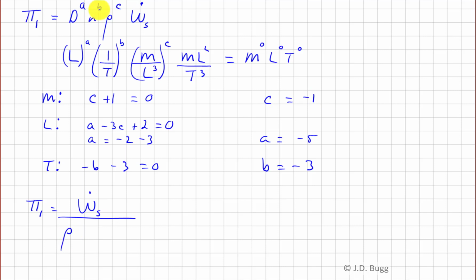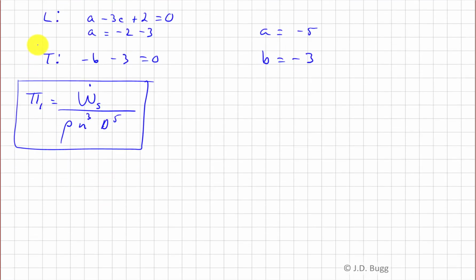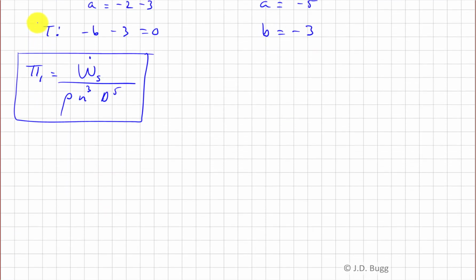The speed, B, is to the minus 3, so N cubed, and then finally D to the 5th. So that is our first pi group. And this tells us the appropriate non-dimensionalization of shaft power, or of brake horsepower. Rho N cubed D to the 5th. So this is the first of our pump scaling laws, essentially. So that's the first of our 4 dimensionless groups.